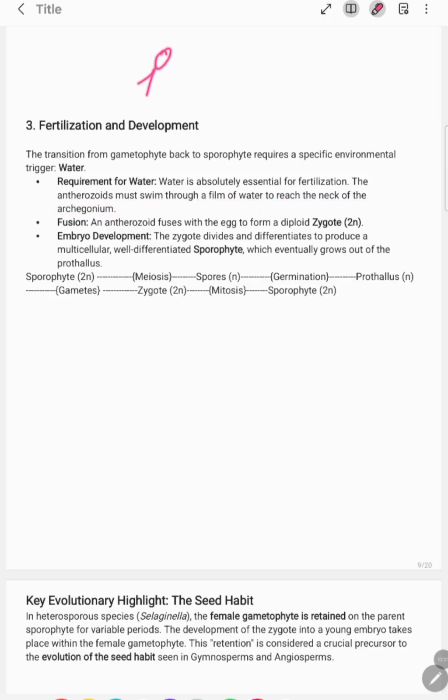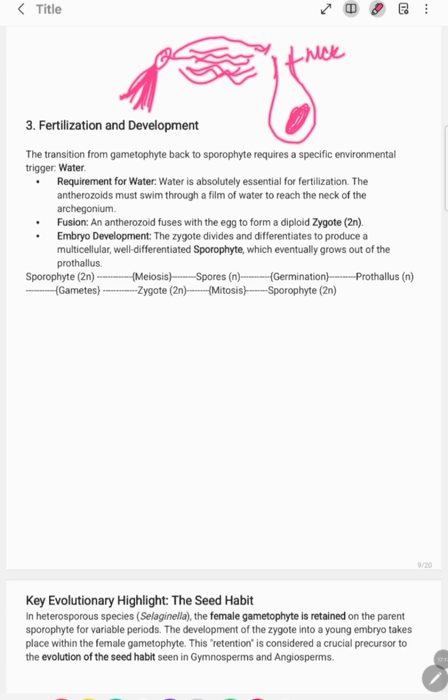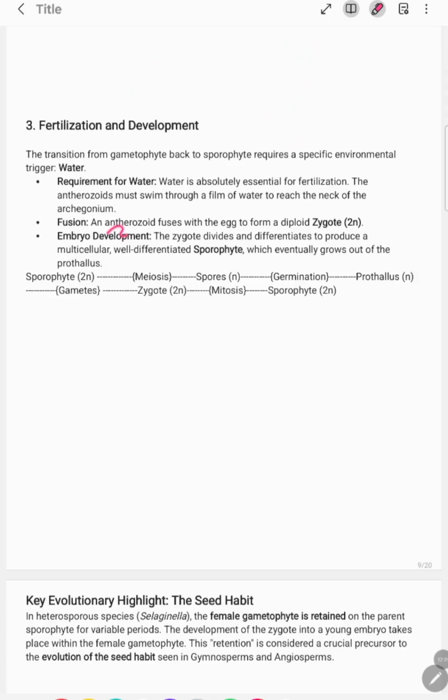Okay, your antherozoids are multiflagellated, and they swim in the film of water and reach the neck of the archegonium. And here is your egg in the archegonium. Then your antherozoid fuses with the egg to form a diploid zygote. See, your male gamete was N. It crosses with the female.